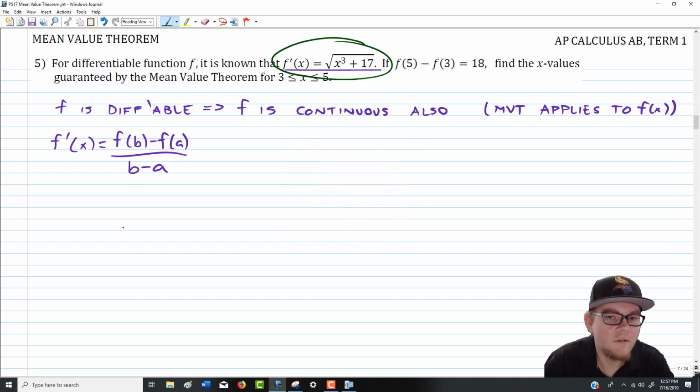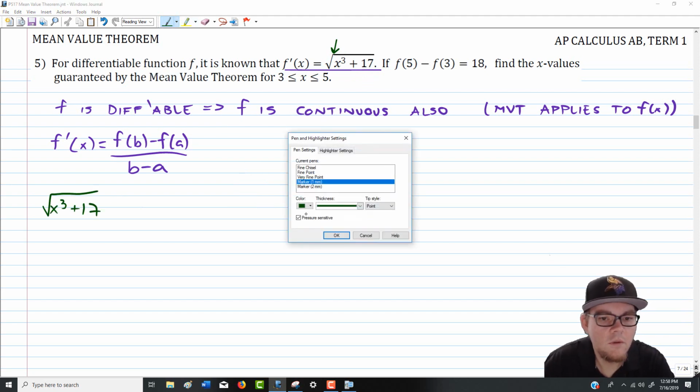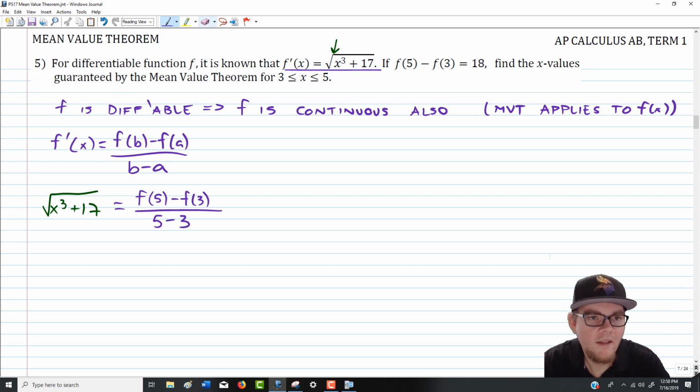We know f prime of x, specifically. There's f prime of x, so that means the square root of x cubed plus 17 is going to be equal to f of, let's see, our interval is 3 to 5, so f of 5 minus f of 3 over 5 minus 3. So we're asked to find that.